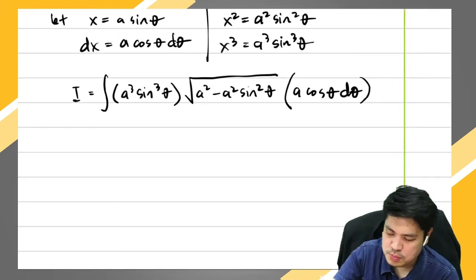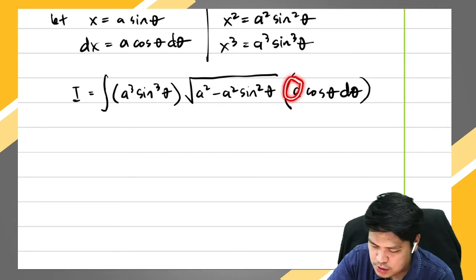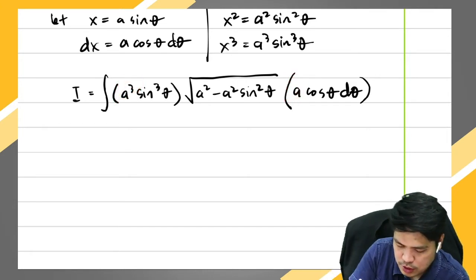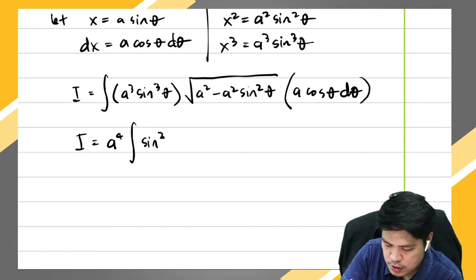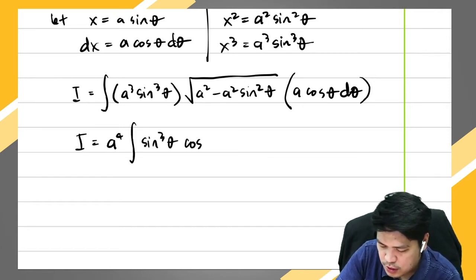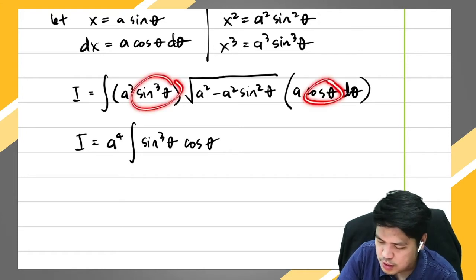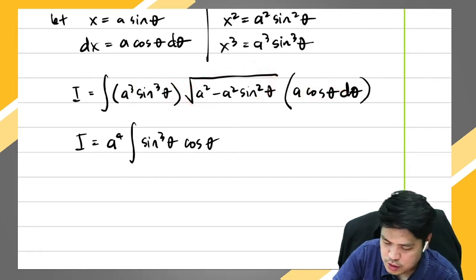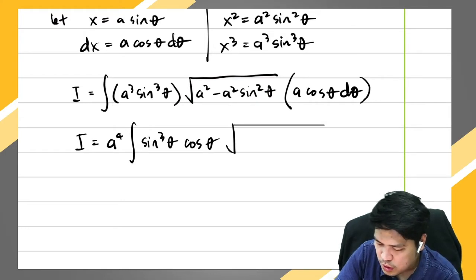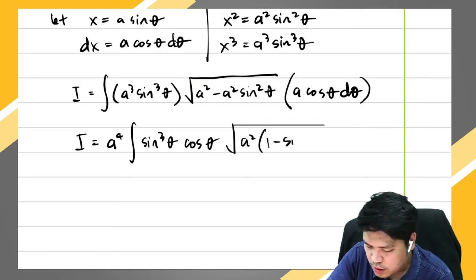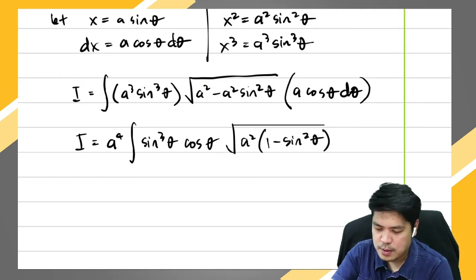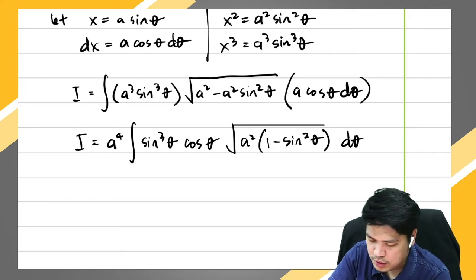Okay, then we just need to simplify. Since these are constants, a times a cubed is a raised to 4. Let's take it out because it's a constant. So a raised to 4 times the integral of sine cubed theta times cosine theta, that would be this and this. Then what will happen here is, times the square root of a squared, if I factor out a squared, that would become a squared times 1 minus sine squared theta, then d theta.